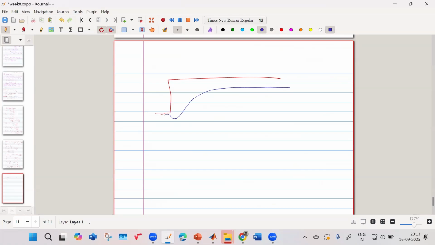This one is due to your omega RHP. But for the values which we have taken, your omega RHP is very high. So this dip is very small. It was not visible.